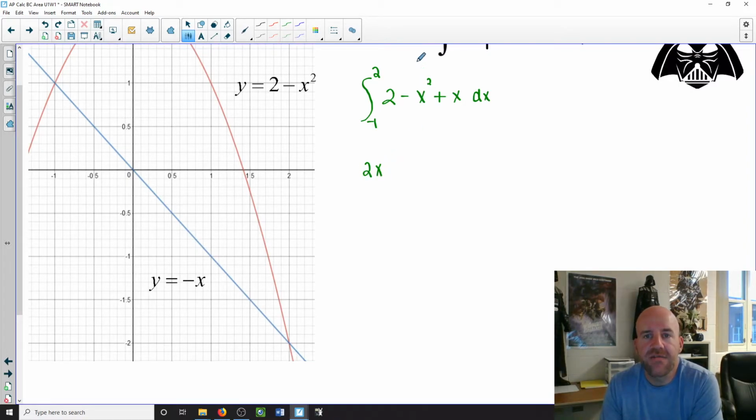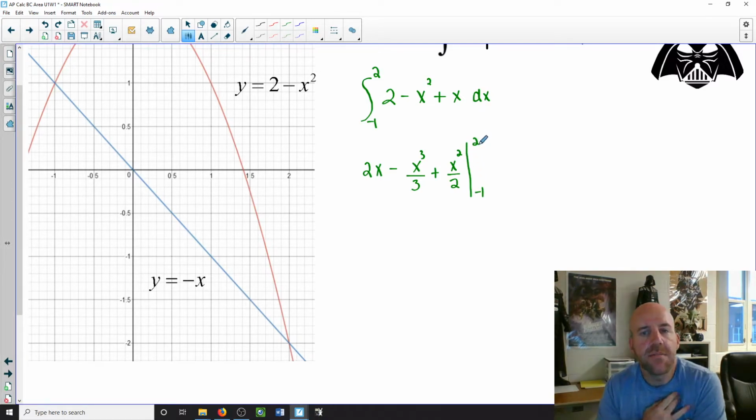Antiderivative of negative x squared: we have to remember to raise the power. So 2 goes to 3, and then we divide by that new power, so divided by 3. And then antiderivative of x, we raise the power, so x squared, and then divide by that new power, so 2. And then we're going to evaluate from -1 to 2.